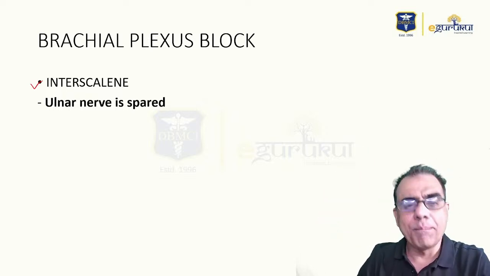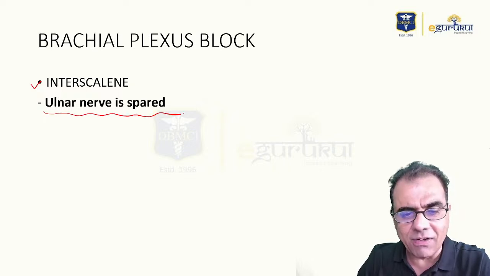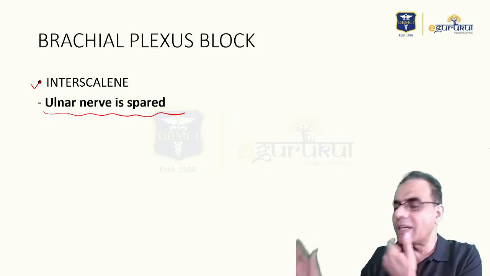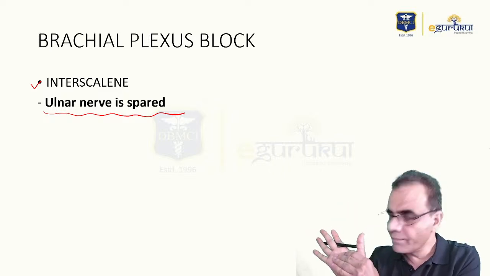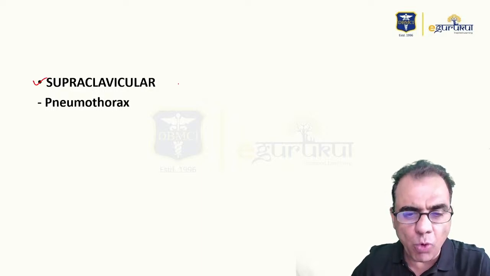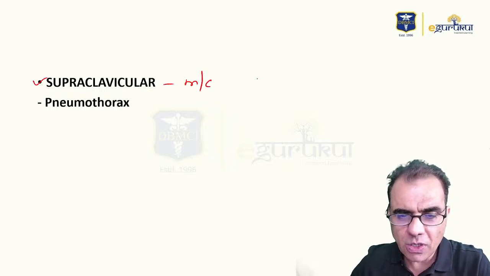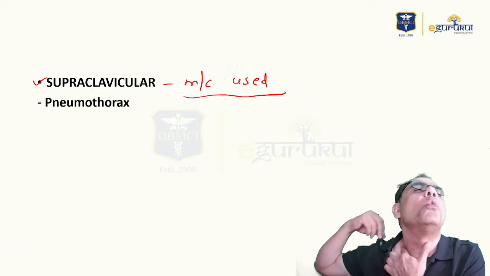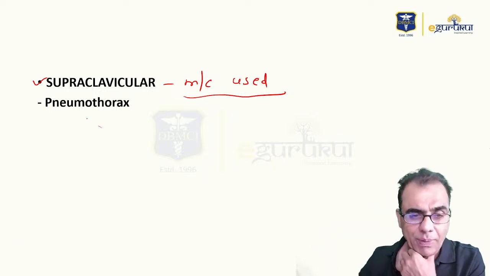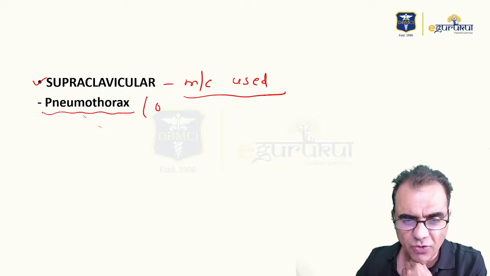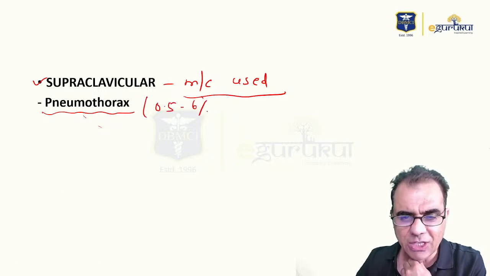Interscalene, the major disadvantage is that the ulnar nerve gets spared. So if you block through the interscalene approach, the ulnar nerve gets spared, which means it cannot be used for hand surgeries. Supraclavicular is the most commonly used approach. Just above the middle point of the clavicle, we block the brachial plexus, but there is a possibility of pneumothorax, the incidence of which can be as high as 0.6%.